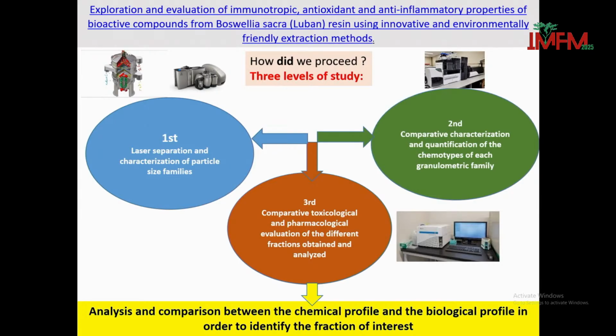In the second level, we will study on these fractions the comparative characterization and quantification of the chemotype of each granulometric family. In the final level, we study toxicological and pharmacological evaluation.